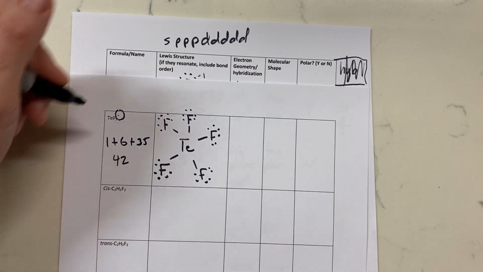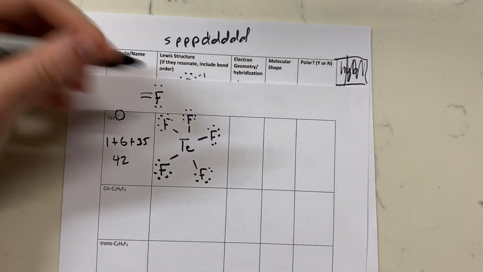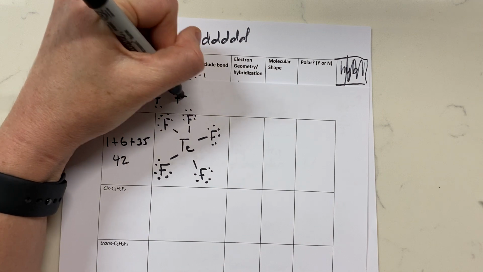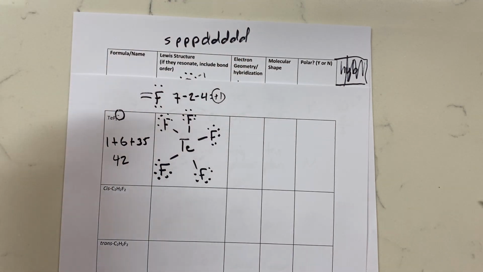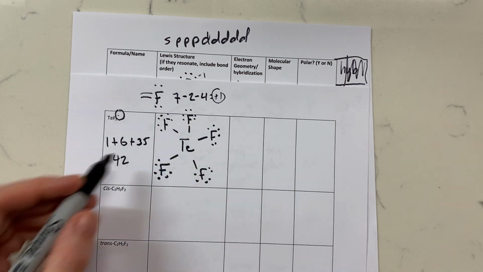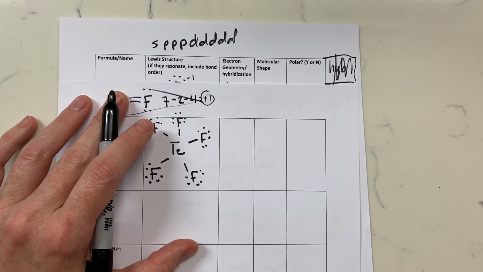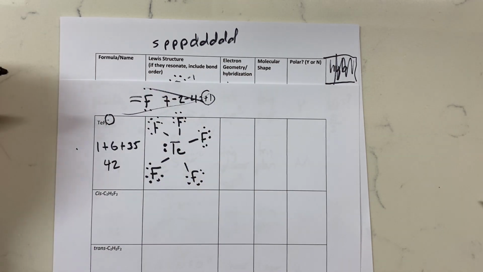If you, for example, made a double bond to fluorine, its formal charge would then be 7 minus 2 minus 4, which would be +1. Fluorine's never going to be positive because it's the most electronegative thing. It's always going to be 0. So the only place that we can put those 2 electrons is on the tellurium.